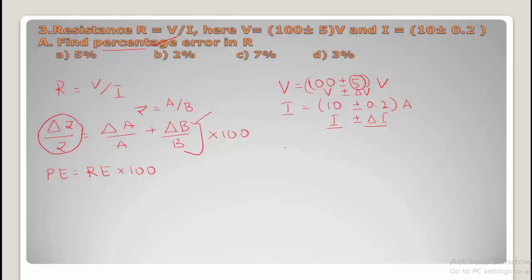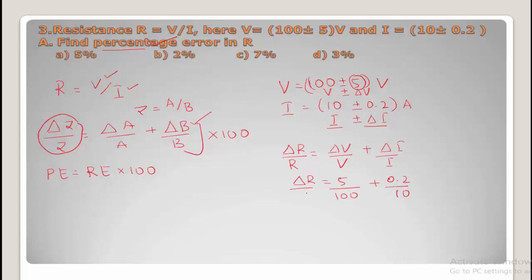Now delta Z by Z becomes delta R by R, that is equal to delta A by A plus delta B by B. Here A is nothing but volt, B is nothing but current. So delta V by V plus delta I by I. So delta V value is 5 divided by V value 100, plus delta I value 0.2 divided by 10.